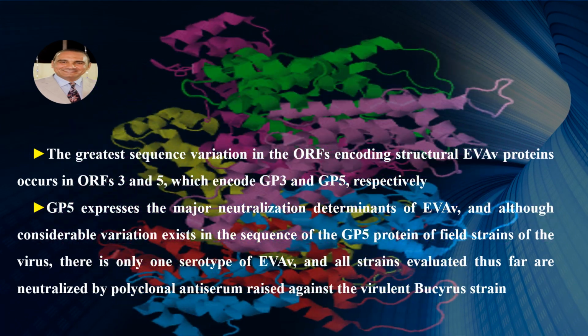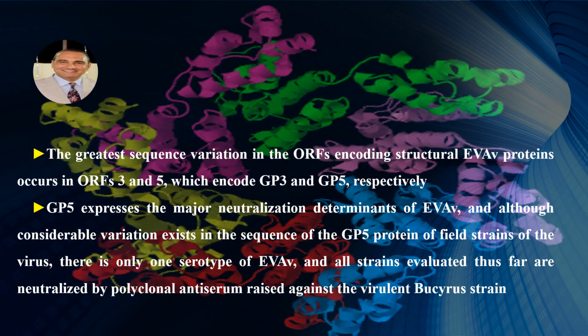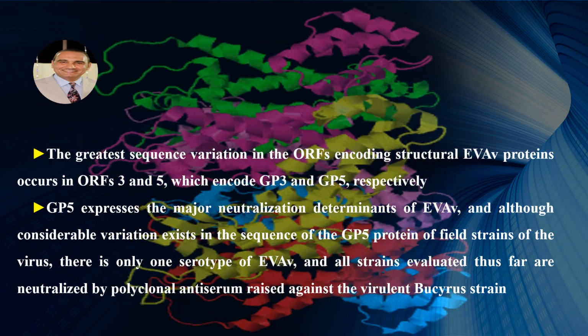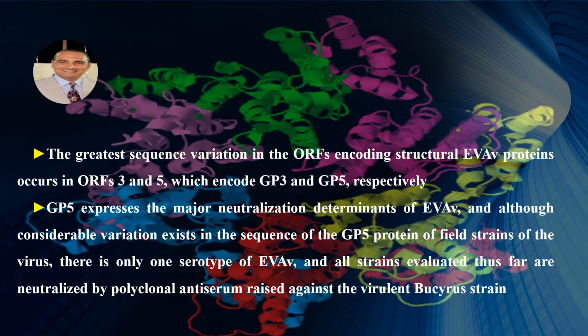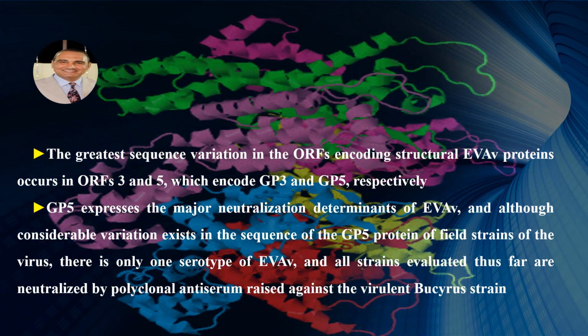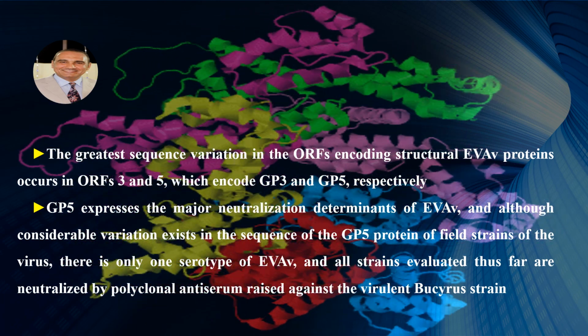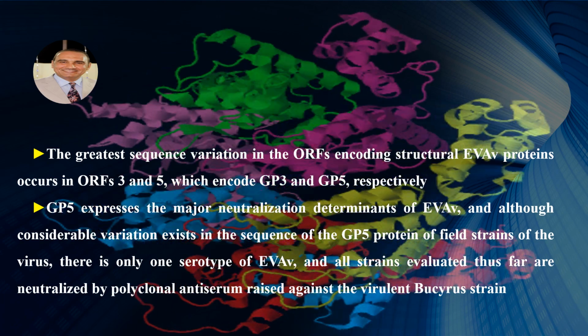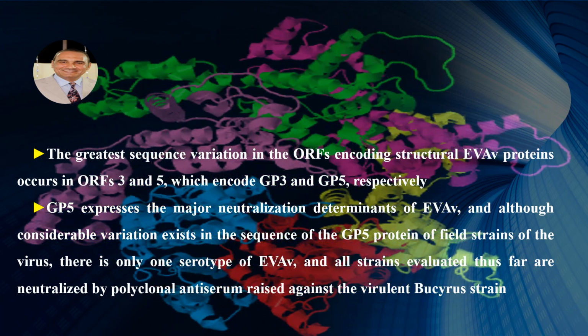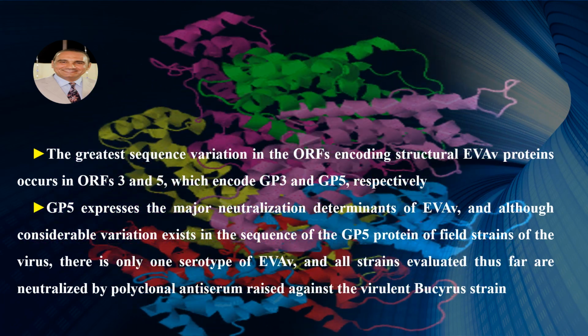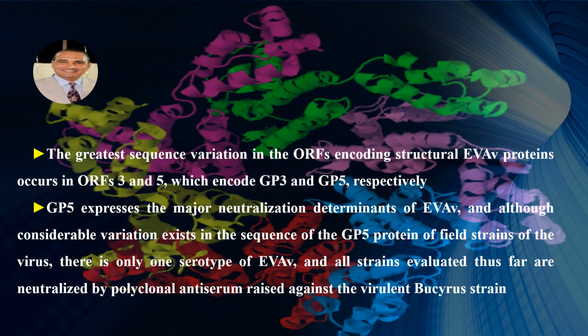The greatest sequence variation in the ORFs encoding structural equine viral arthritis virus proteins occurs in the ORFs 3 and 5, which encode GP3 and GP5 respectively.